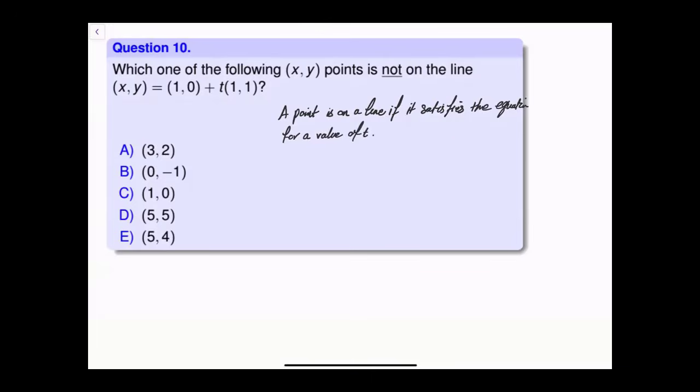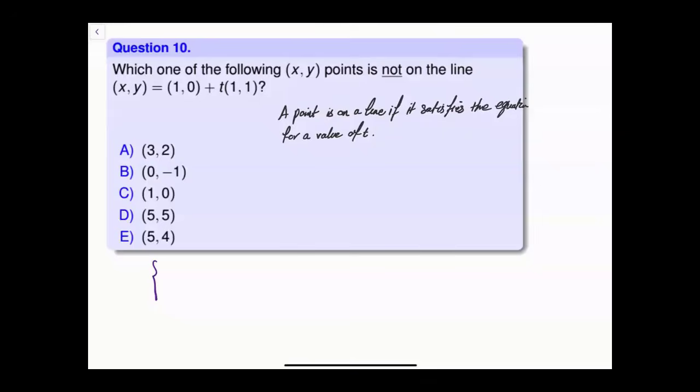So it means that we have to put these points in xy into the equation one by one and see if they satisfy the equation or not. One easier way to do this would be to first find the parametric equation for this line.